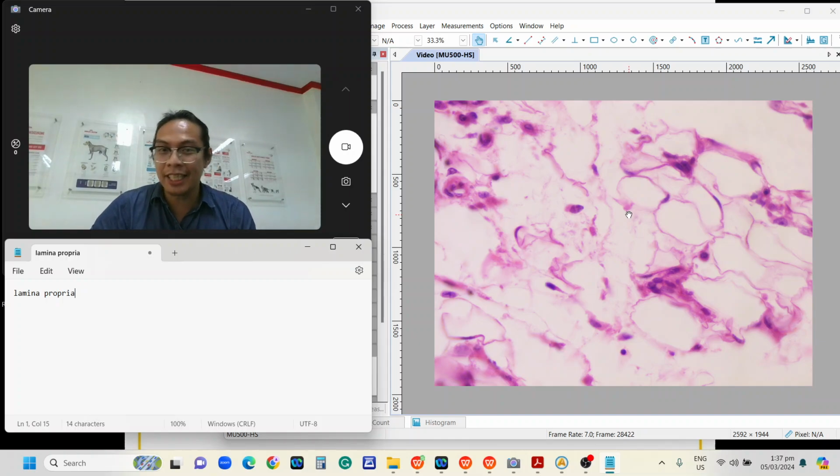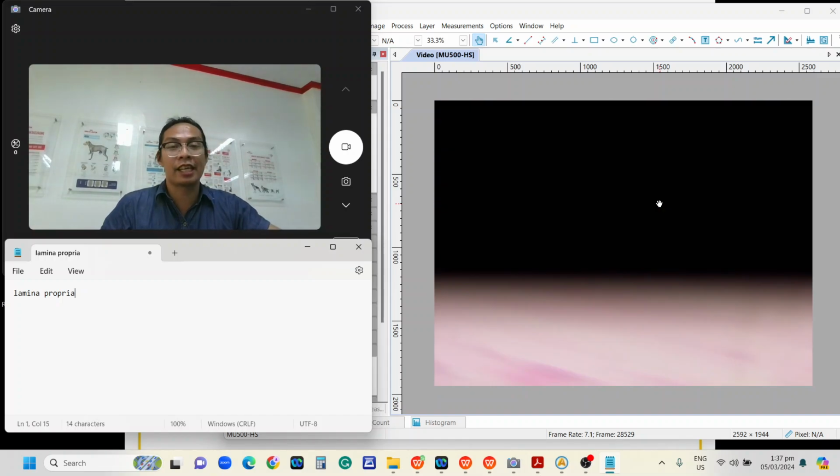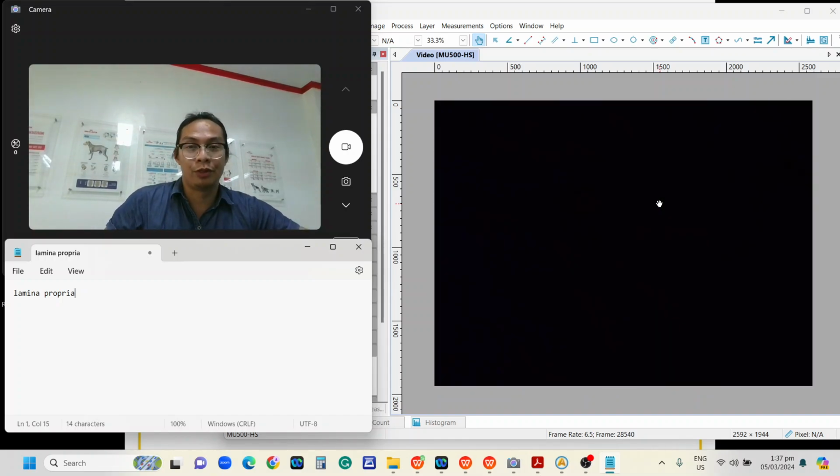And again, fat, hindi siya nag-stain. Malabo siya. Okay? So, wala siyang itutukap na stain, kaya it's just clear. Kapag nakita natin ang ganyang itsura, yung butas-butas, then may nucleus sa gilid, that is again an adipose tissue.